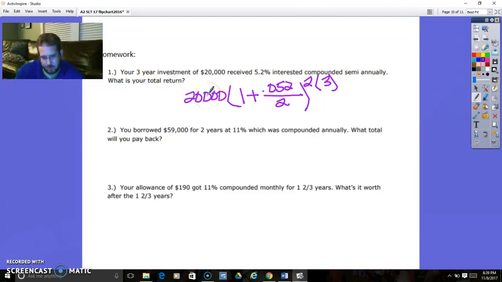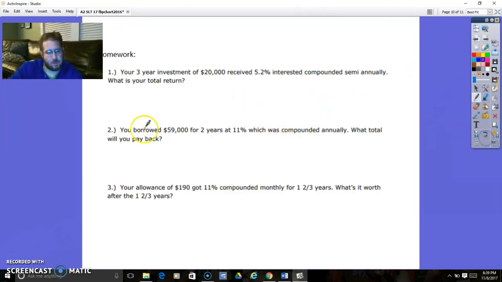Okay, so 0.052 divided by 2 plus the 1, to the 6th power. Then multiply that rate by 20,000. And it looks like it's going to be $23,329 and about 97 cents.